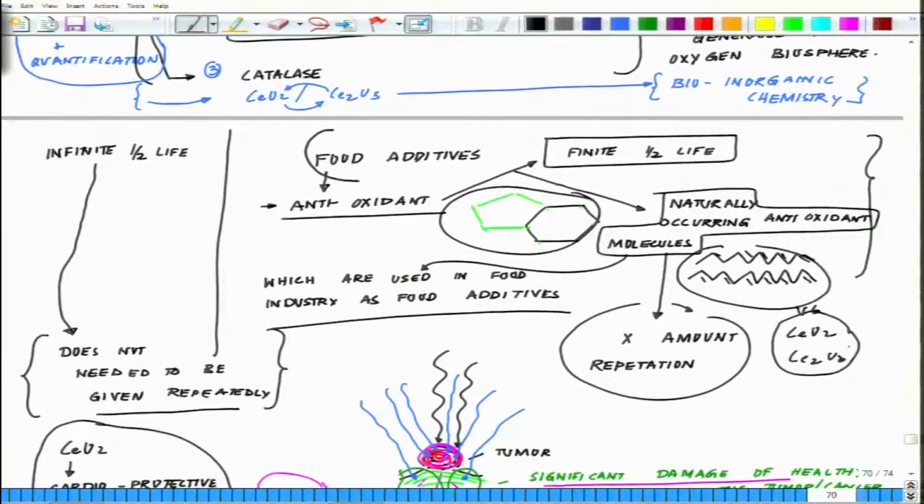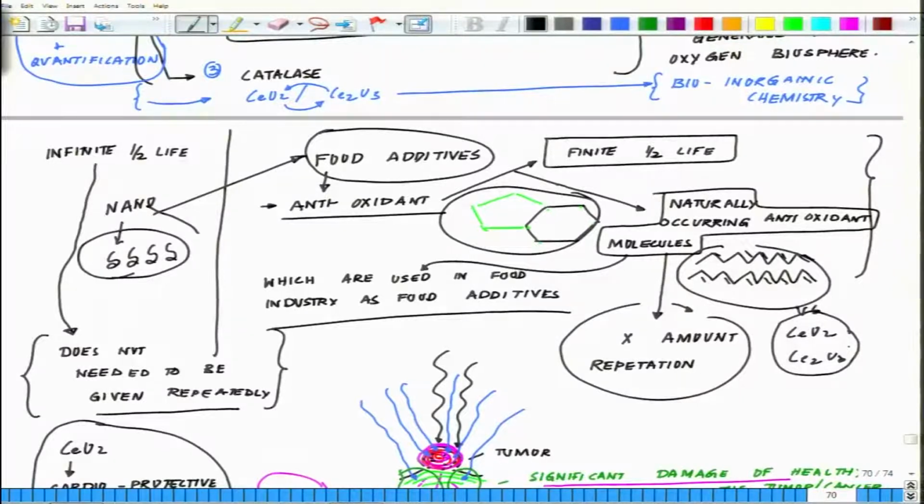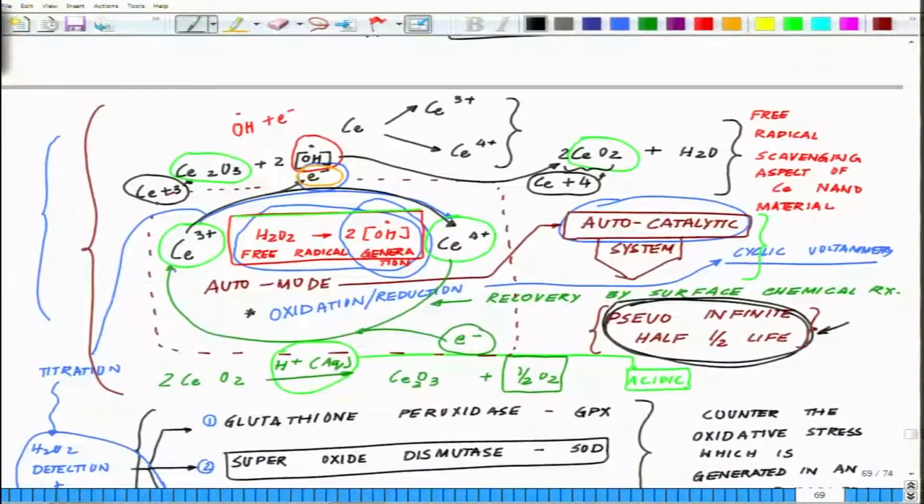This is the area where nano may come pretty handy, where the quantity is extremely low, some delta quantity we are talking about, and the effect is very profound. And when we talk about something like cerium, which is needed in extremely small quantity going by the reaction, which has a pseudo infinite half life, then the storyline completely changes.